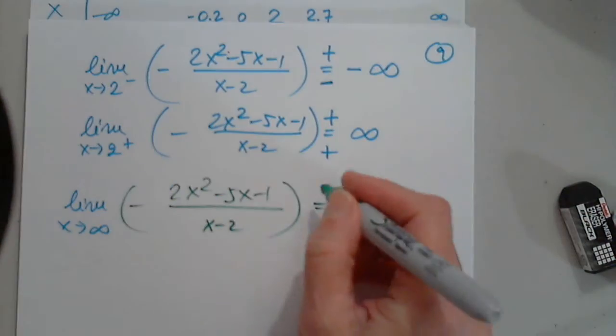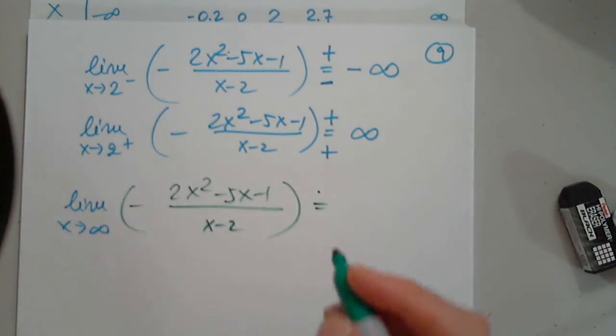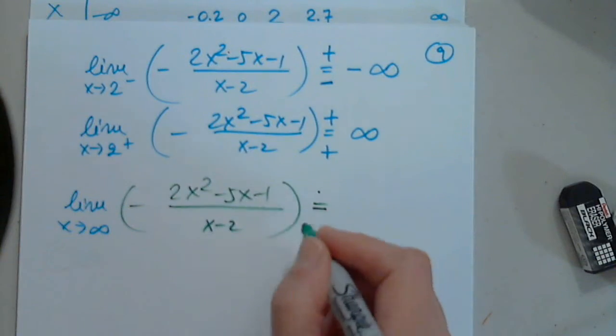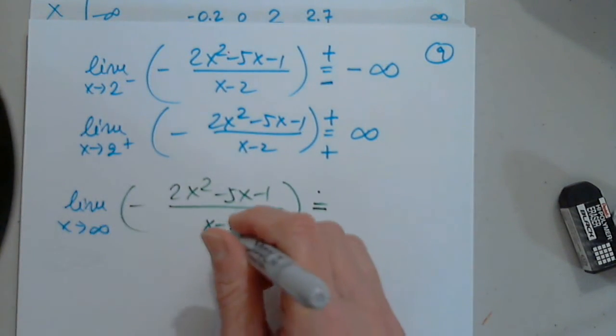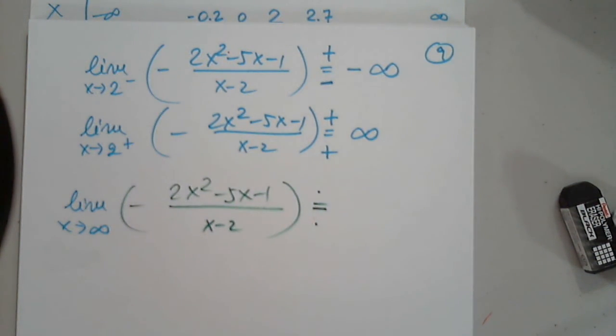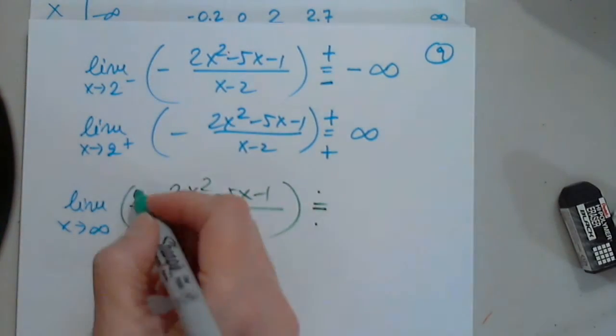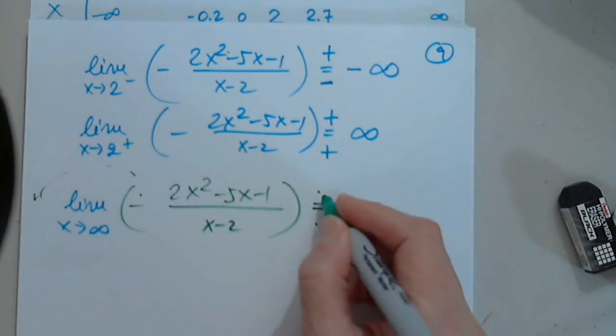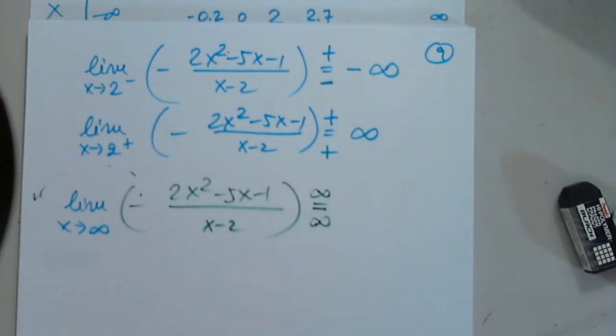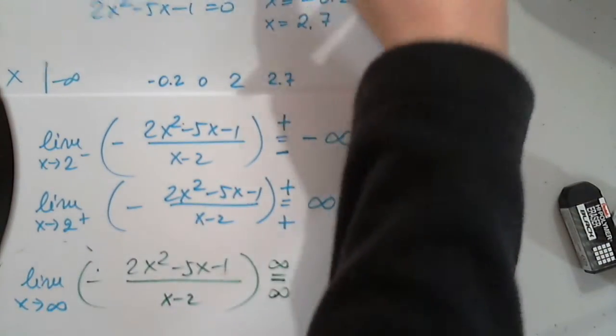When x approaches infinity, where does the numerator go? And where does the denominator go? When it approaches infinity, it goes to negative infinity. So this is infinity over this. This sign is not important. I can take the sign out. So it's infinity over infinity. What do we do with infinity over infinity? I'm happy.